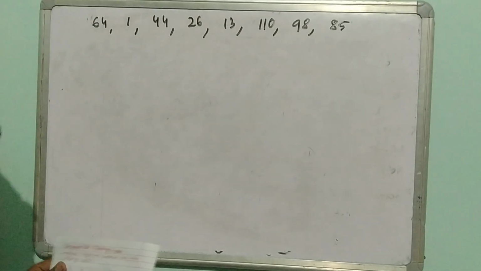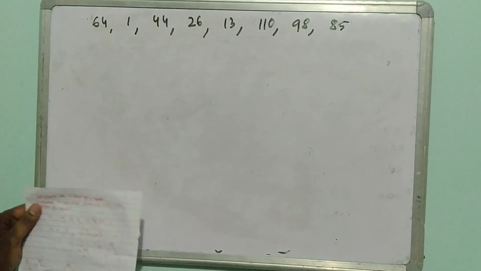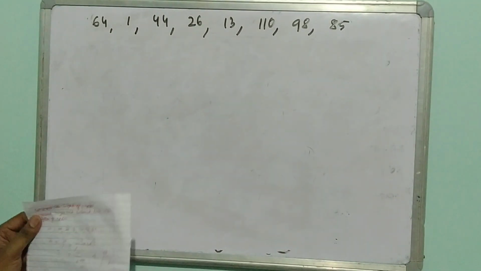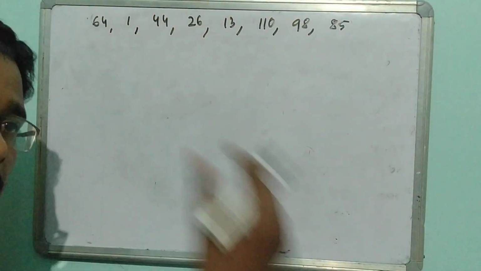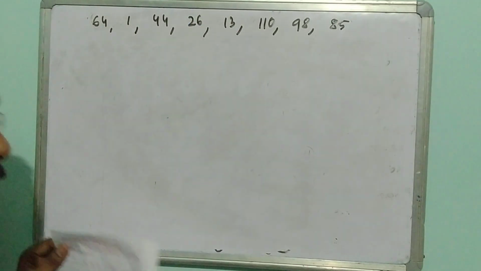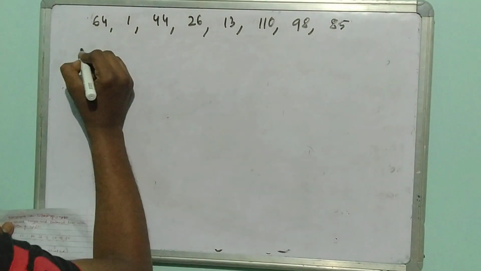These are all the nodes we have. Obviously we have to make a binary search tree and balance it. We have to see two things. First of all, construct a binary search tree. Second, make it balanced.